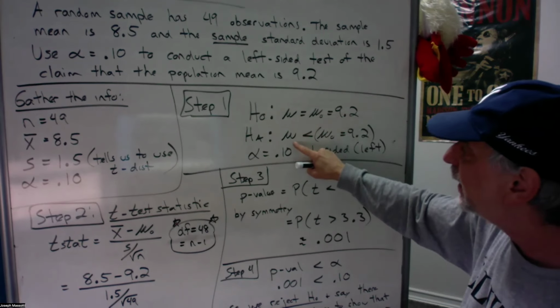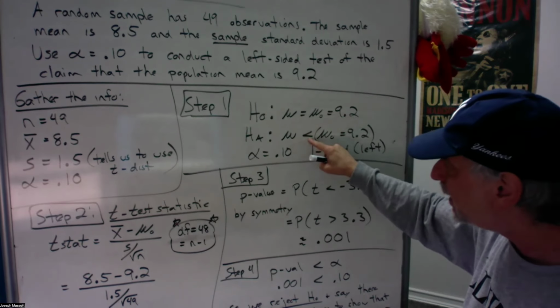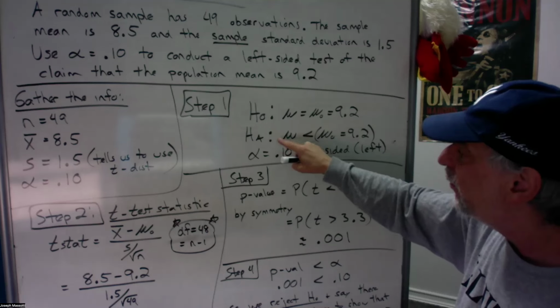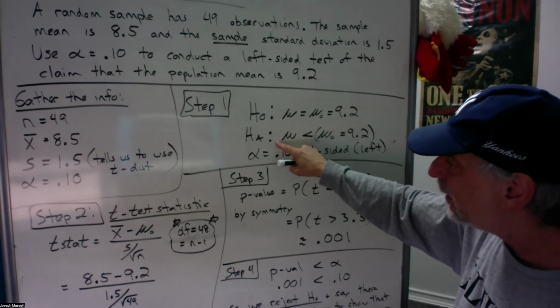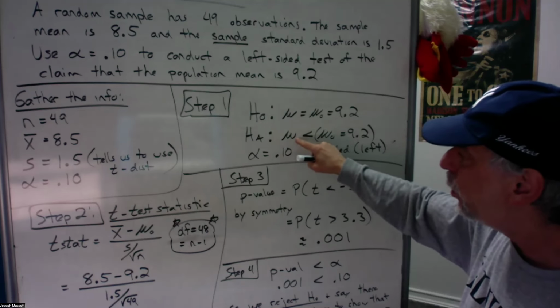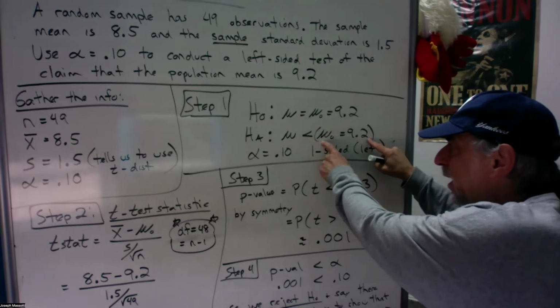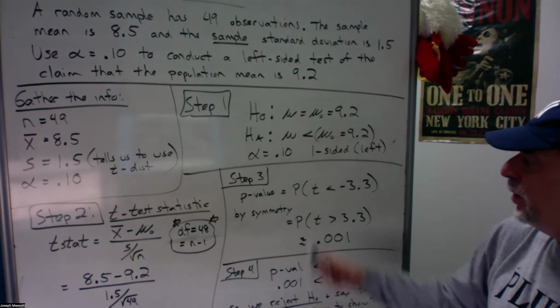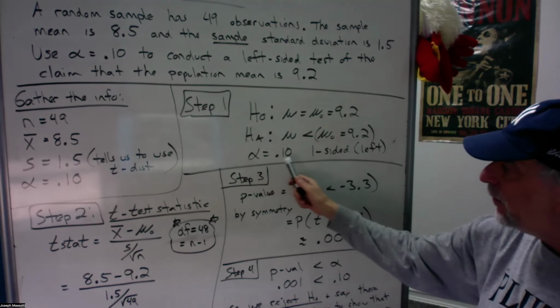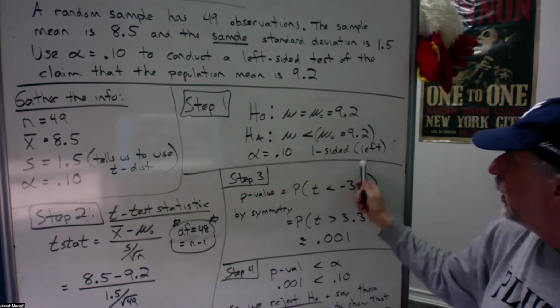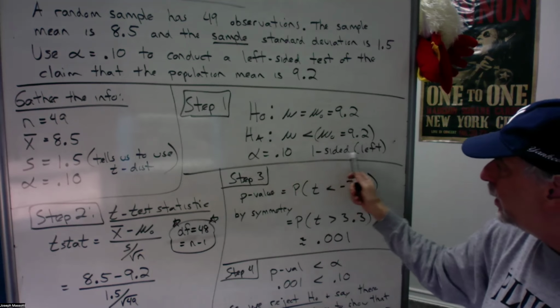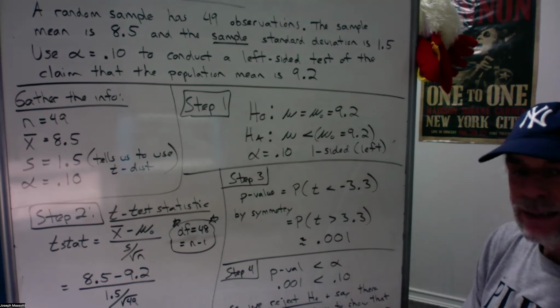And we're conducting a left-sided test, so less than. We are looking for evidence to suggest that that unknown population mean is less than the hypothesized value of 9.2. We list the alpha level of 0.10, and we call it what it is, a one-sided to the left test.